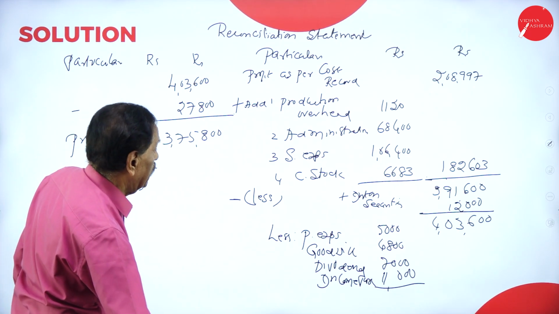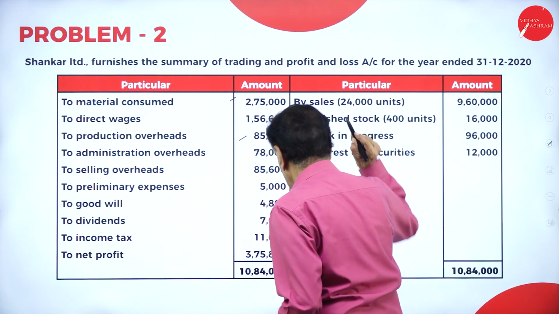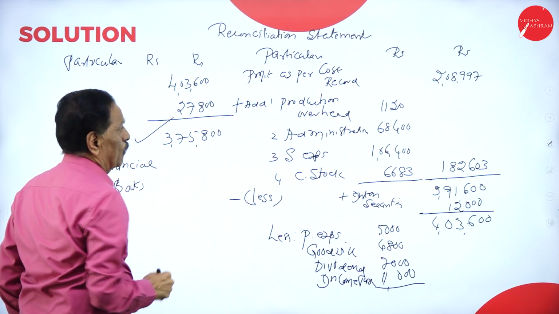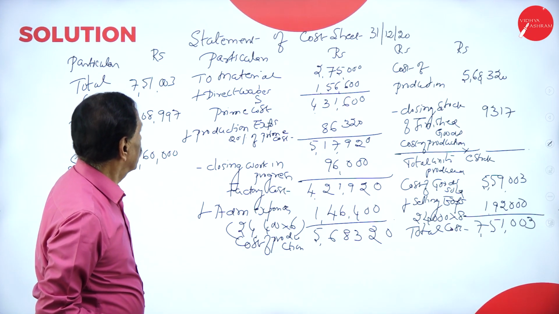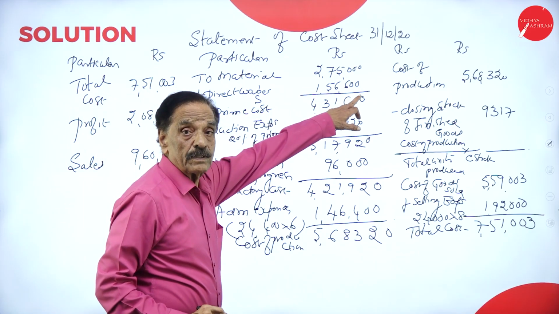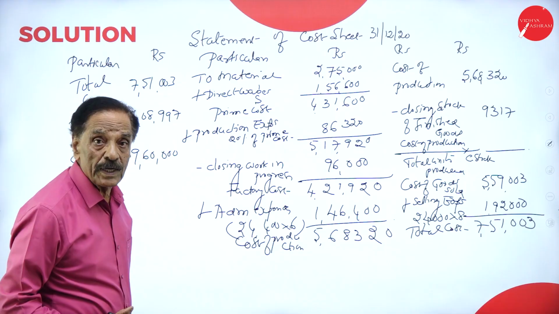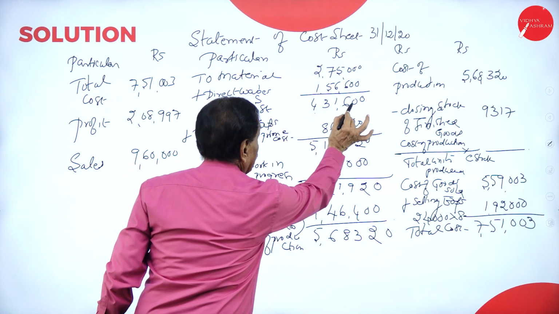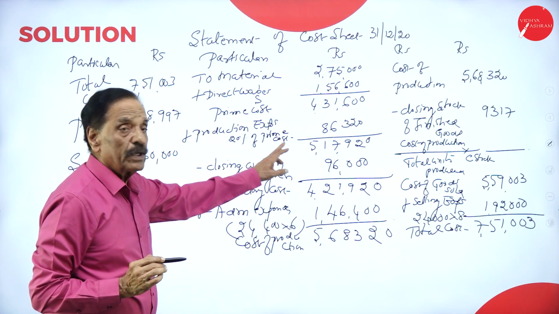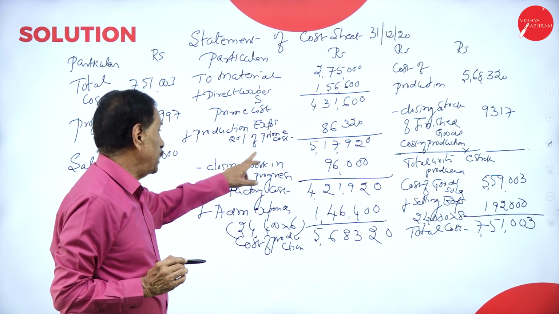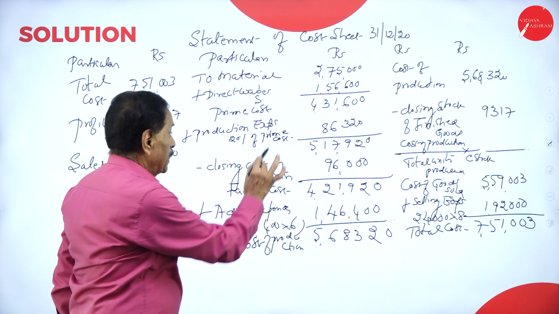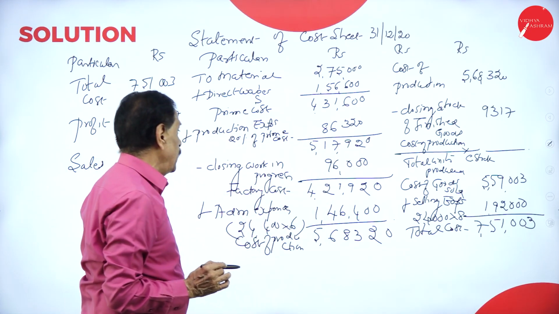See your financial record. So we'll go with it now. Direct material 2,75,000, direct wages 1,56,600. Add: 4,31,600. Production expenses 20% of prime cost, 86,320.